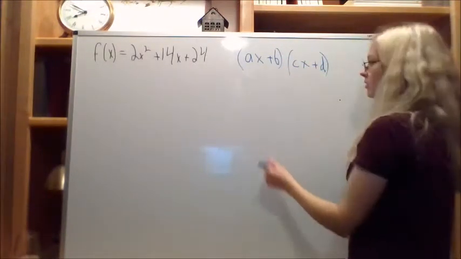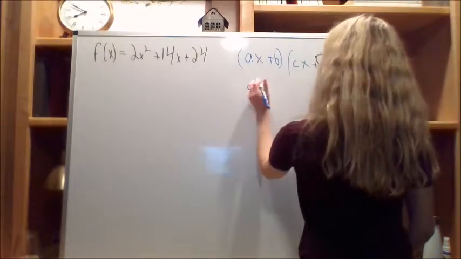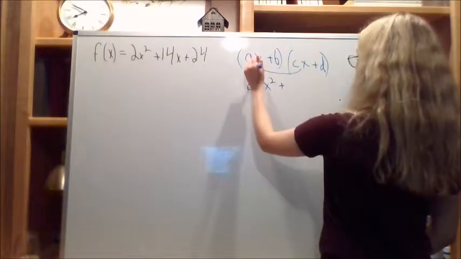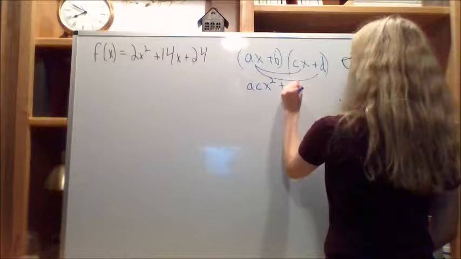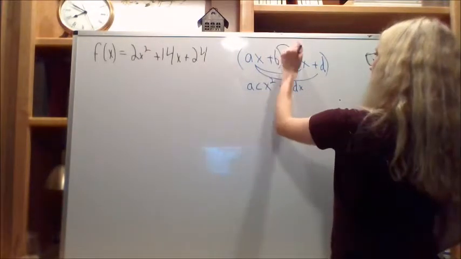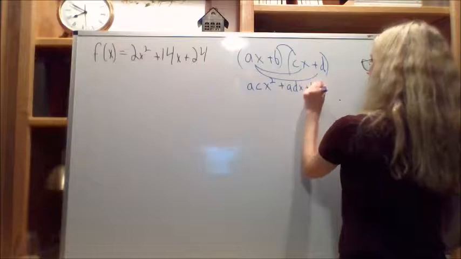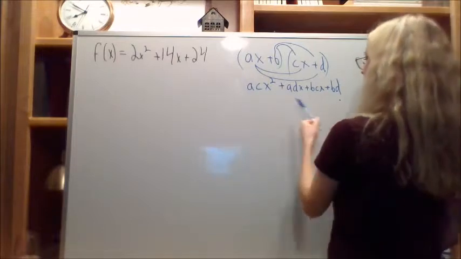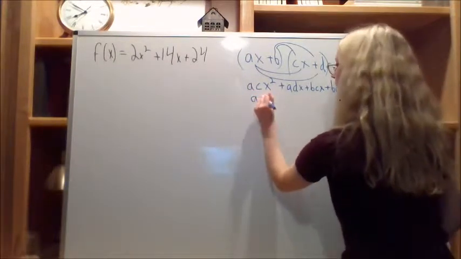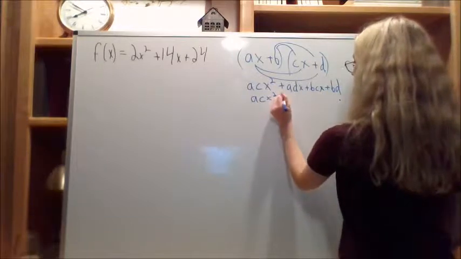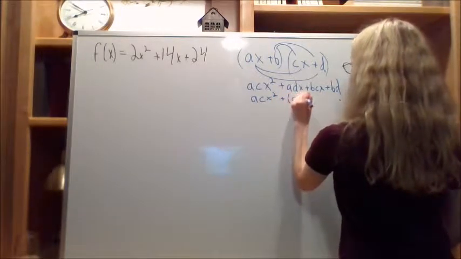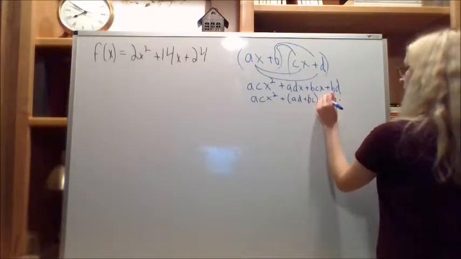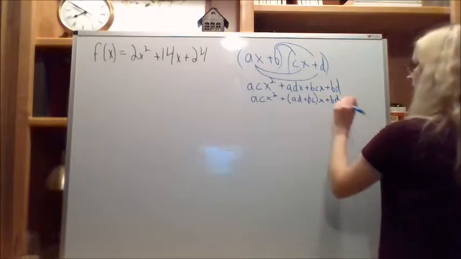If we multiply this out, we get acx squared plus, out, which is adx, in is plus bcx, last is plus bd. So, looking at this, acx squared plus (ad + bc) quantity, times x, plus bd.